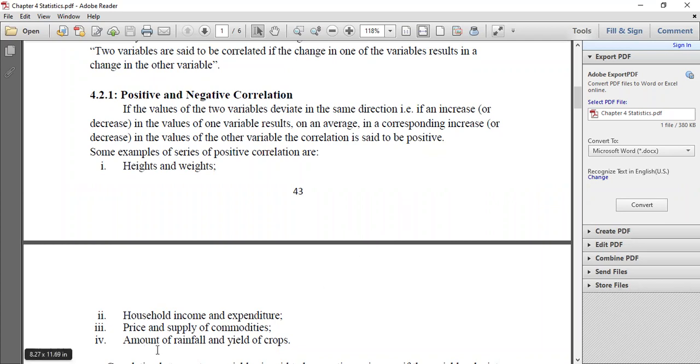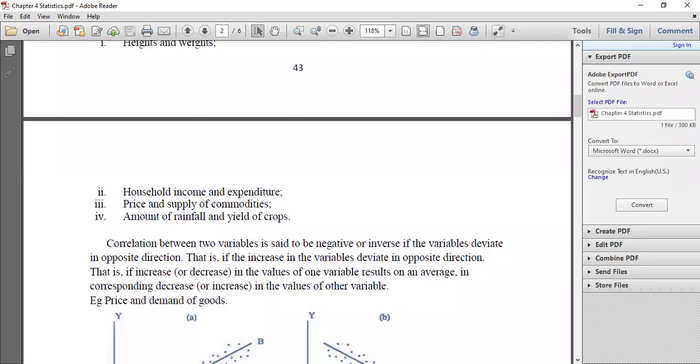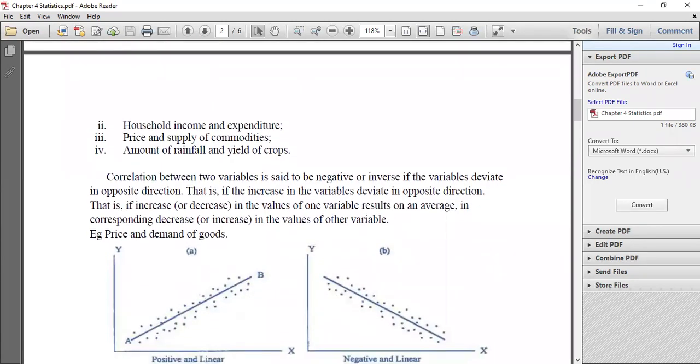Then when you talk of amount of rainfall and yield of crops, this is something that you are witnessing now. Due to inadequate rainfall, we do not have enough yields. The yields are very low, and so on. So correlation between two variables is said to be negative or inverse if the variables deviate in opposite direction.